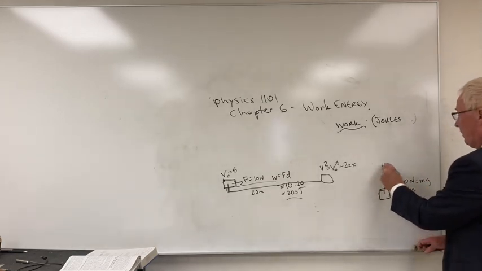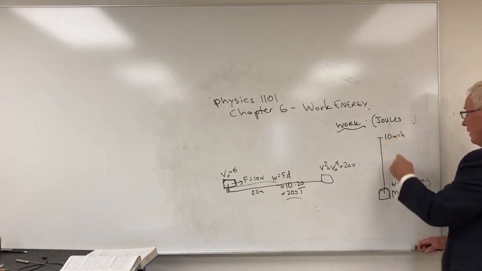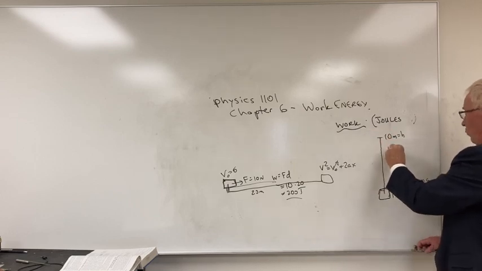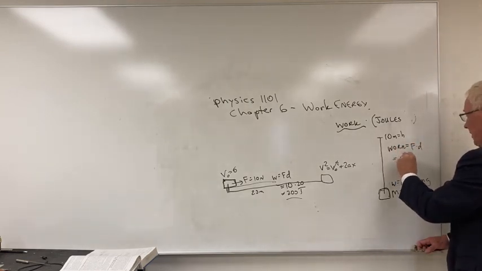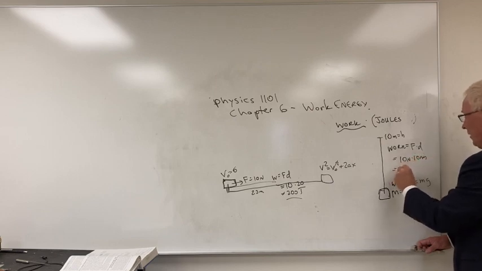So we lift that block, say 10 meters in height, then the work done is force times distance, which would be 10 newtons times 10 meters, which would be 100 joules.